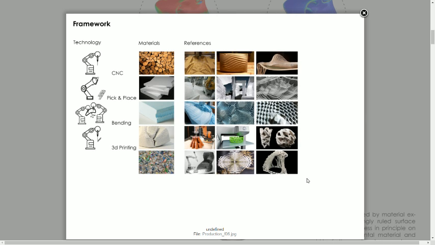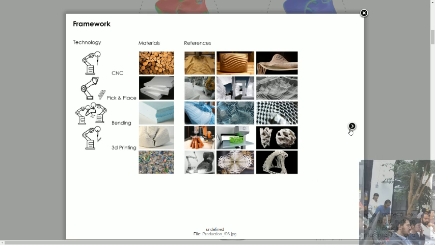So, coming back to the context of the oil rig, how do you build this macro scale design on site? Over here we are talking about the technology which we are going to implement for a specific material to express it on site.